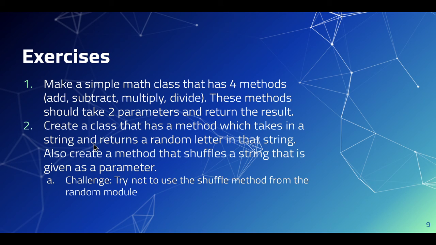The second exercise was to create a class that has a method which takes in a string and returns a random letter in that string. You should have had experience using the random module from our introduction to Python course, so you can use that to get a random letter in the string.